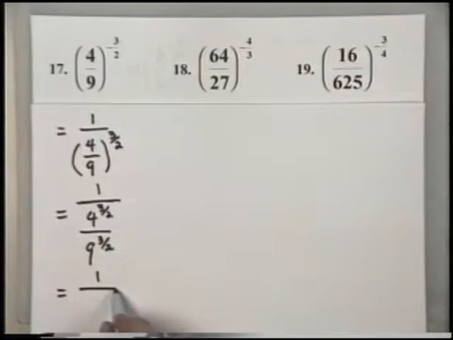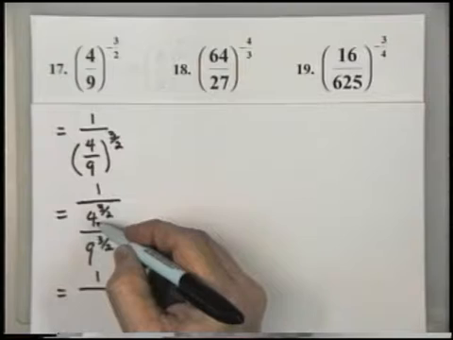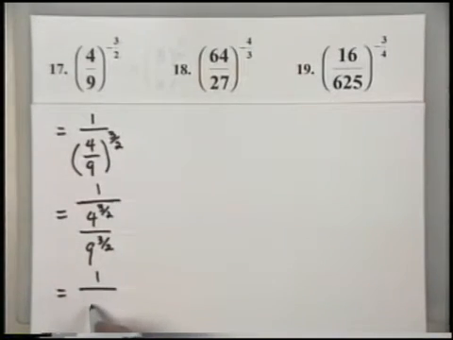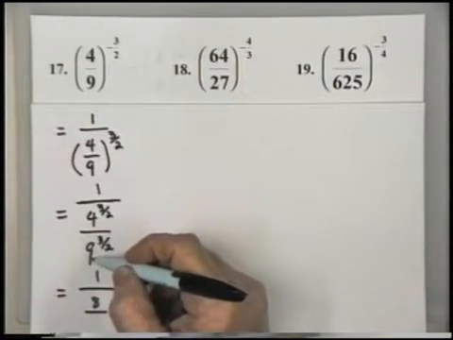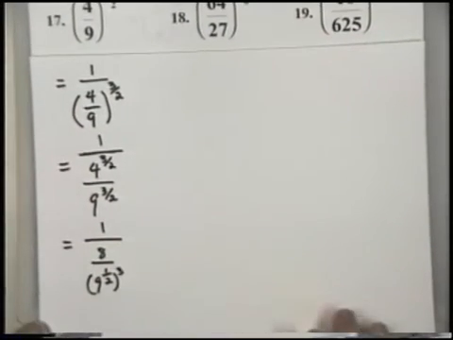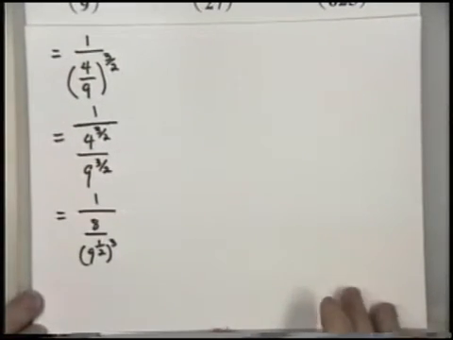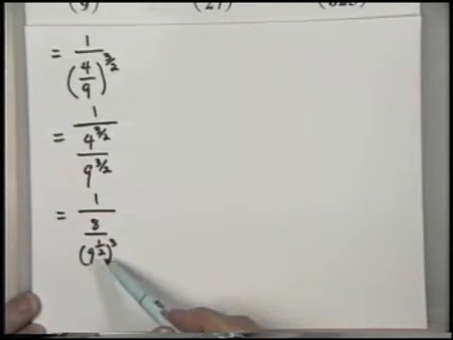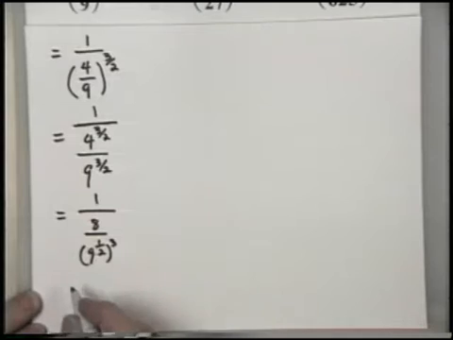Well, 4 to the 3/2, we did that a moment ago, is 4 to the 1/2 cubed. So 4 to the 1/2 cubed, that's 8. And 9 to the 3/2, maybe we ought to write that one out, that's 9 to the 1/2 cubed. And the 1/2 power of 9 is 3, and 3 cubed is 27.